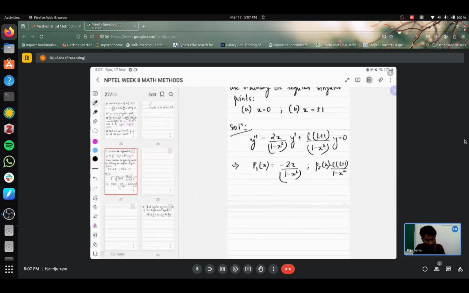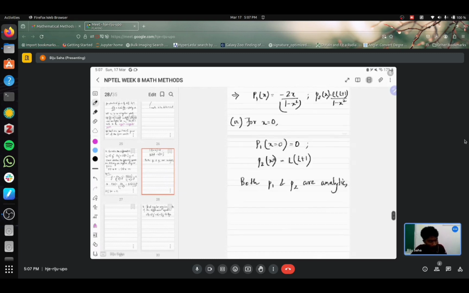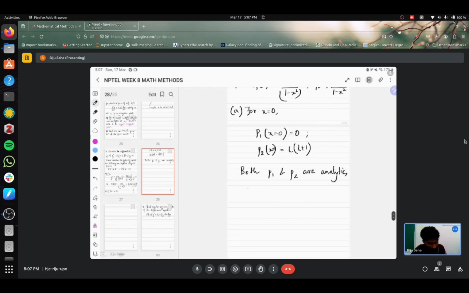For x equal to 0, we see that P1(x) is 0 and P2(x) is finite, so both P1 and P2 are analytic. This implies that x equal to 0 is an ordinary point.